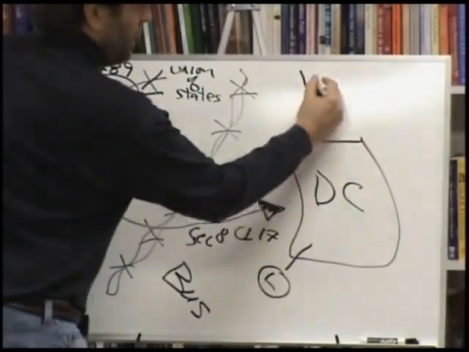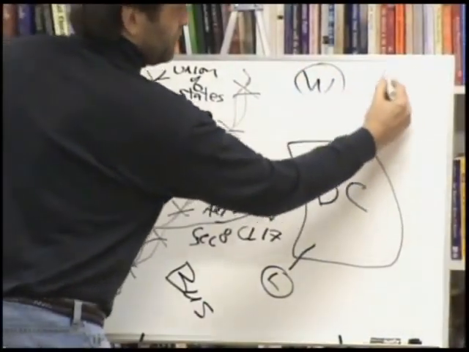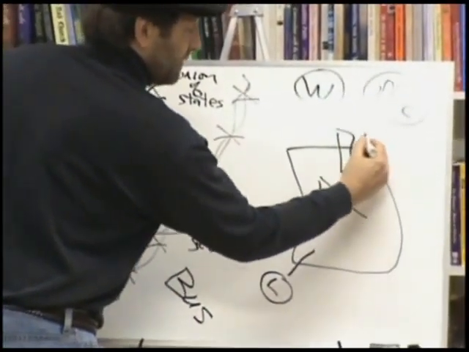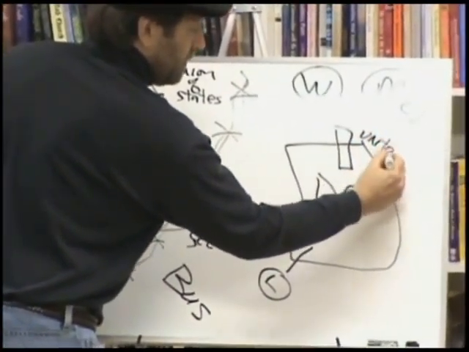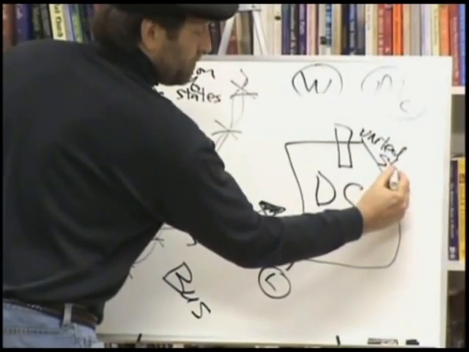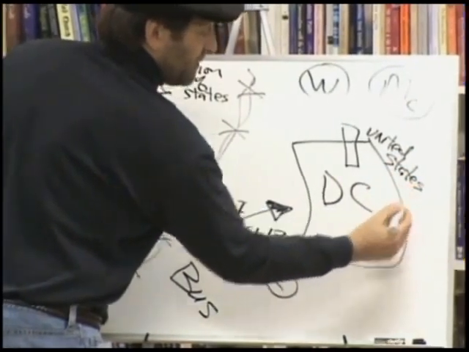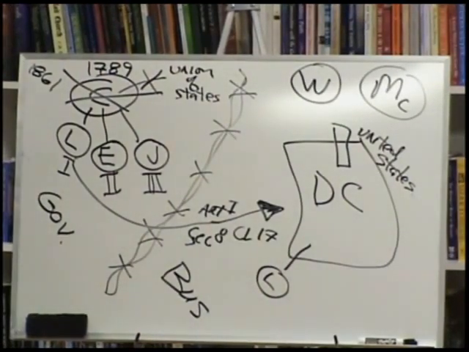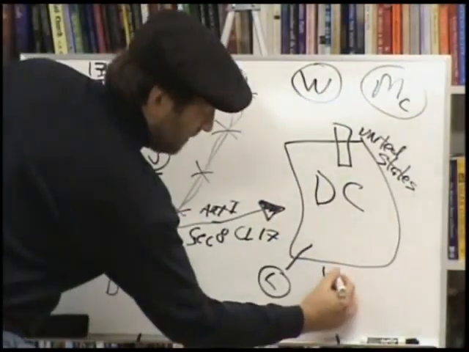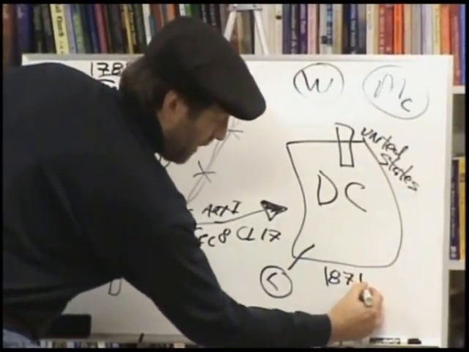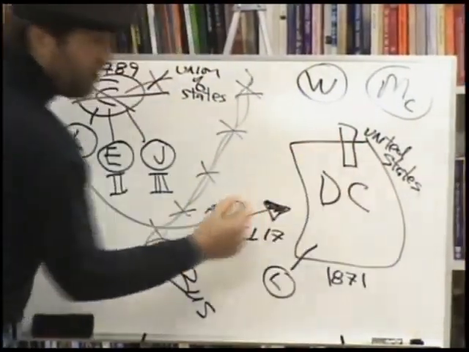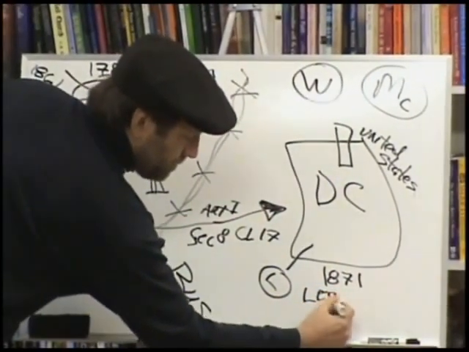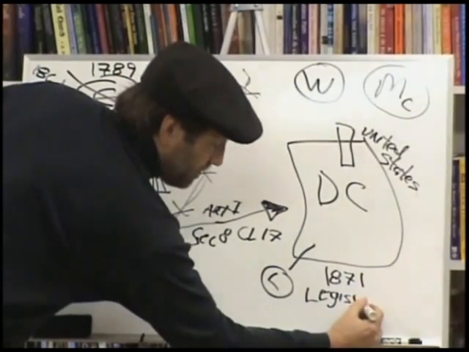Over here is Walmart, McDonald's, the United States. This United States is a private for-profit corporation. It was established in 1871. This here, this 10 mile square, is a legislative democracy.